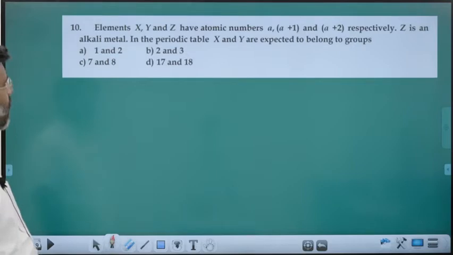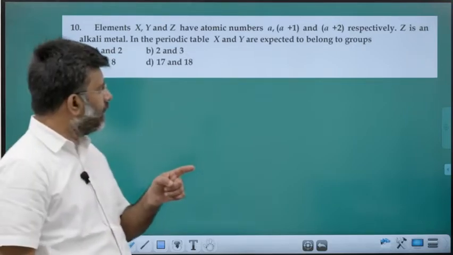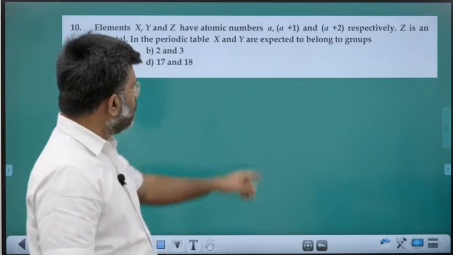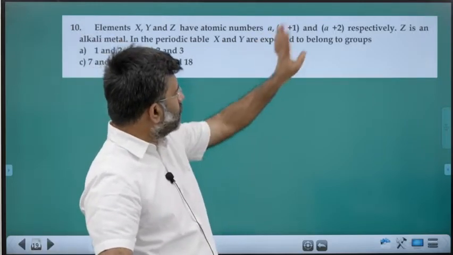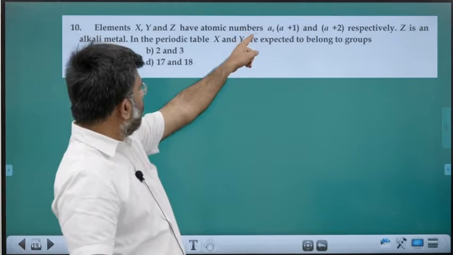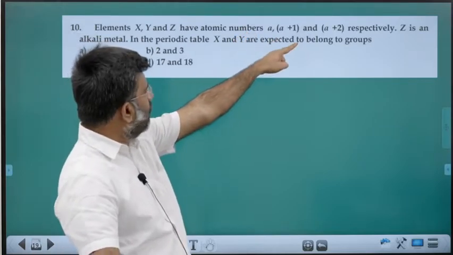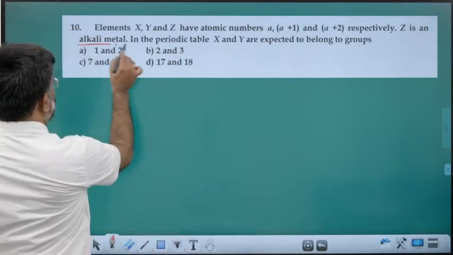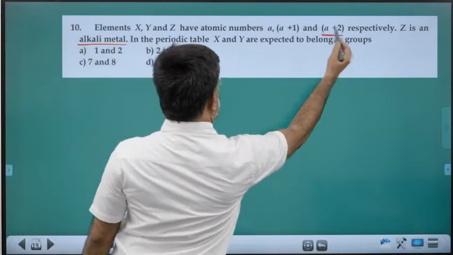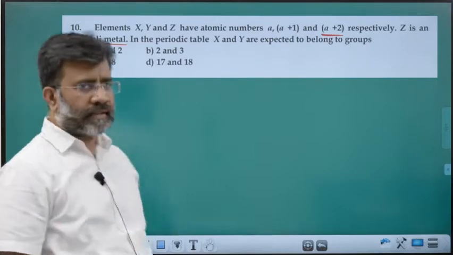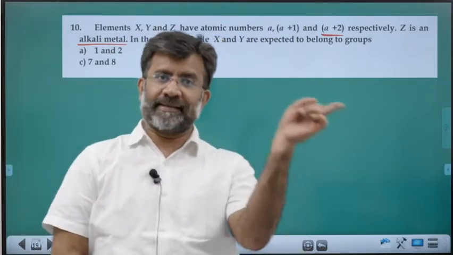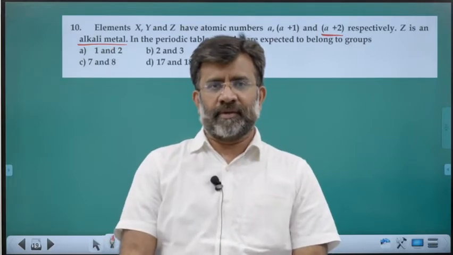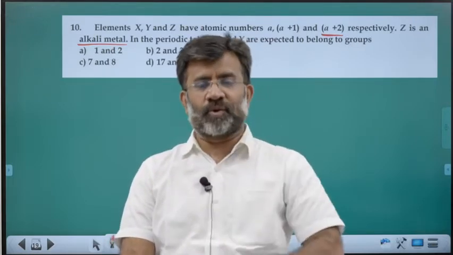Elements X, Y, Z having atomic numbers A, A plus 1, A plus 2 respectively. So X is A, Y is A plus 1, Z is A plus 2. Z is an alkali metal, quite obviously you can understand. So Y, A plus 1, is in the previous group.